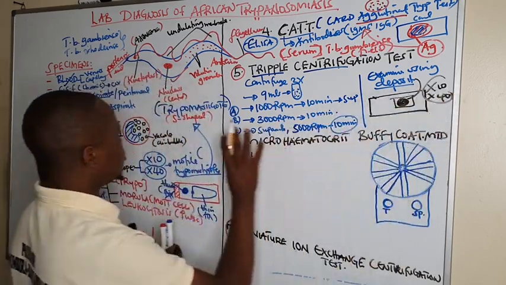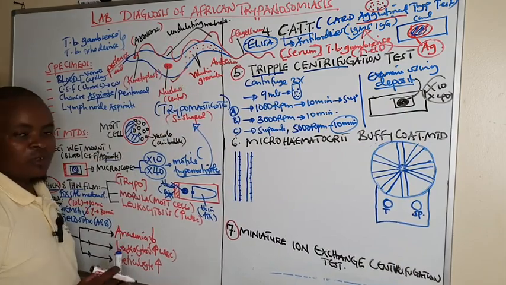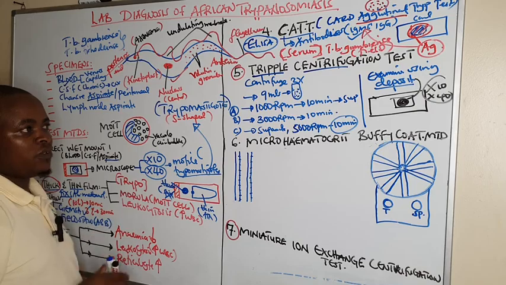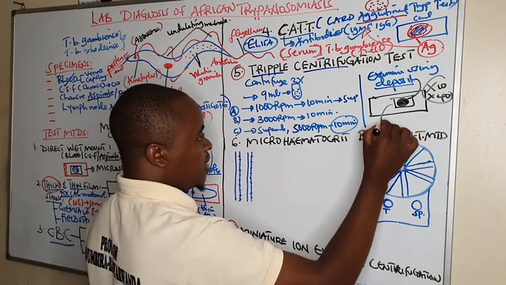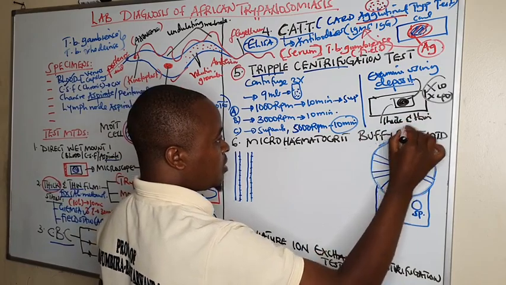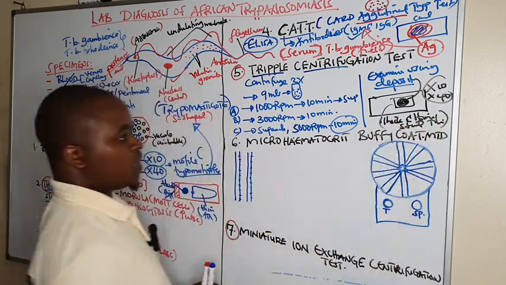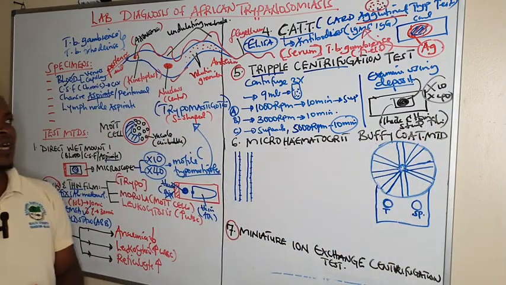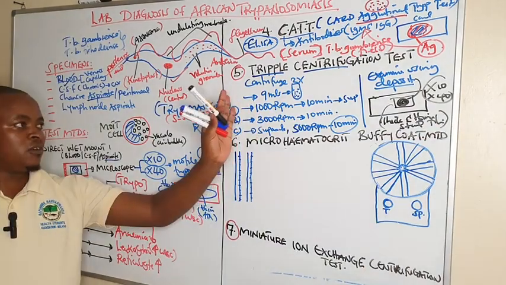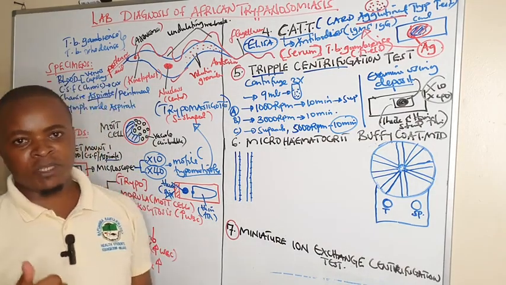If there is a presence of trypomastigotes, seen as S-shaped with flagella when they are motile, then we go ahead and examine a thick film and a thin stained film. So this is what we can do after centrifugation 3 times with increasing speed.